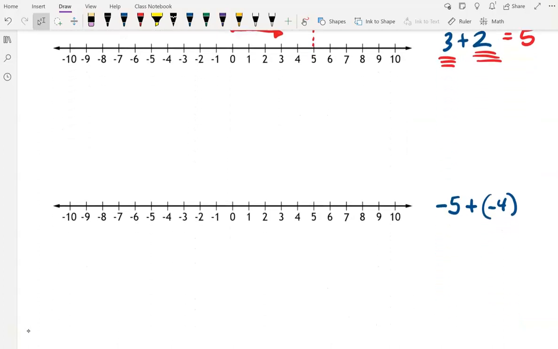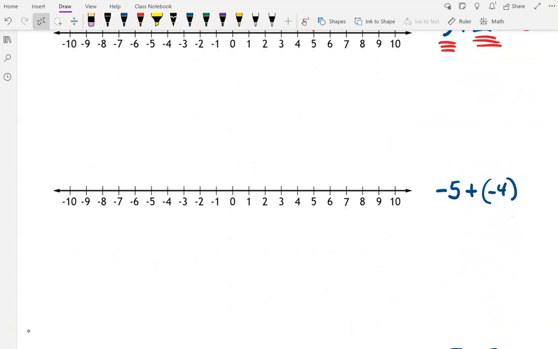All right, in the next question, we're looking at negative 5 plus negative 4. And in this question, we are going to start at negative 5. So that means if we're going to start at negative 5, technically we start at 0, and we are going to move from 0 to negative 5 to our actual starting point. Okay, there's negative 5. And then from negative 5, we're going to add negative 4.